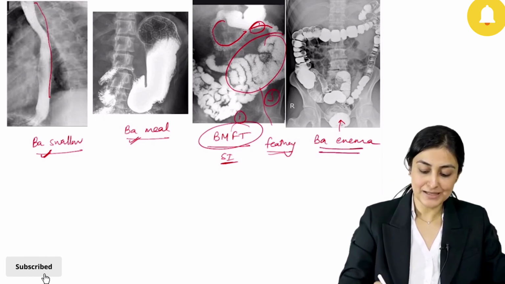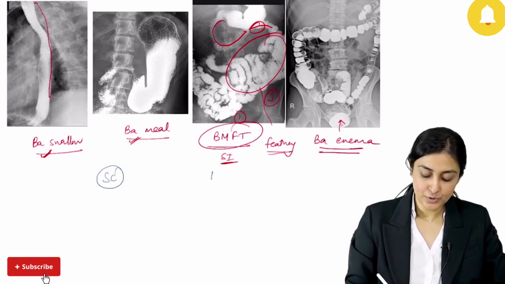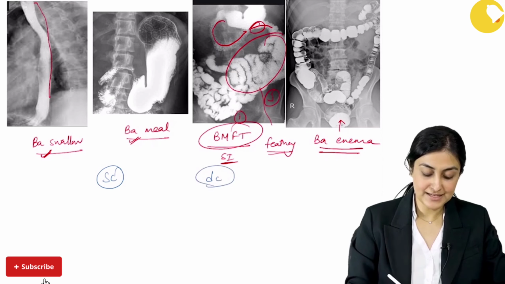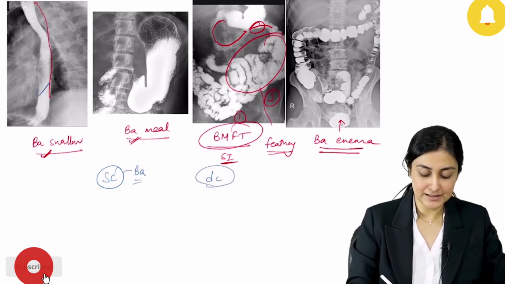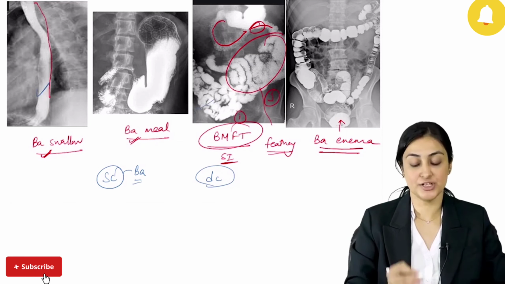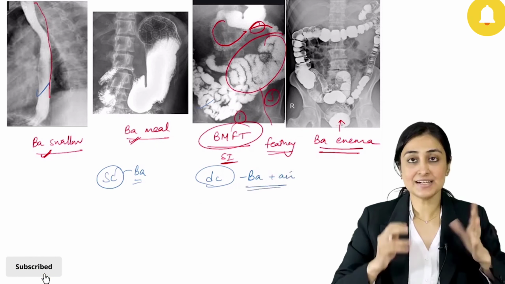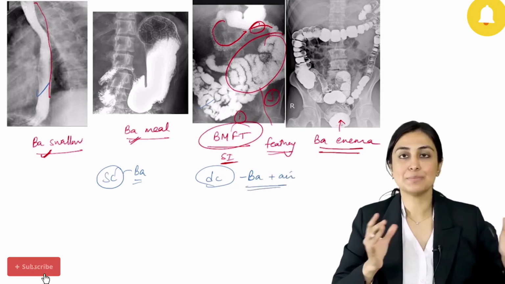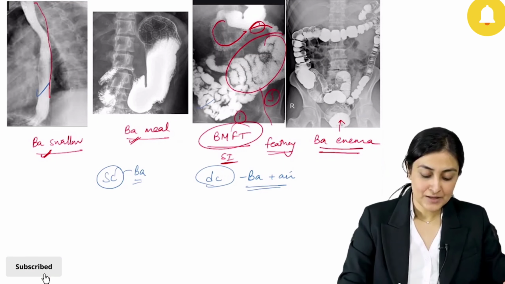Now, one concept about barium: it can either be a single contrast barium or a double contrast barium. In single contrast barium, we just give barium alone. As you can see here and here, we are only giving barium to the patient. But when I give barium as well as air, so that I get a good intrinsic contrast wherein barium will be white and air will be black, here you see this is the barium and this is the air.